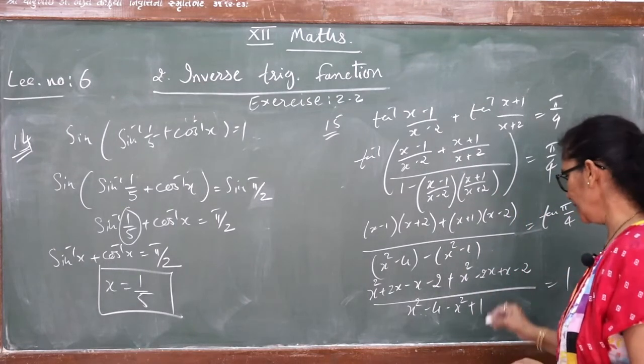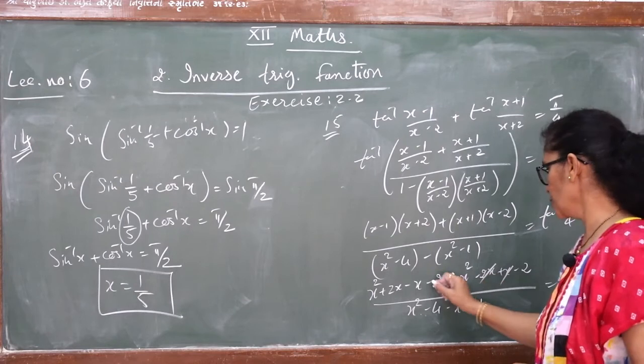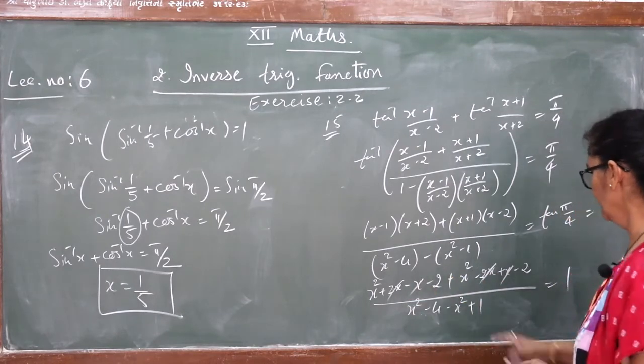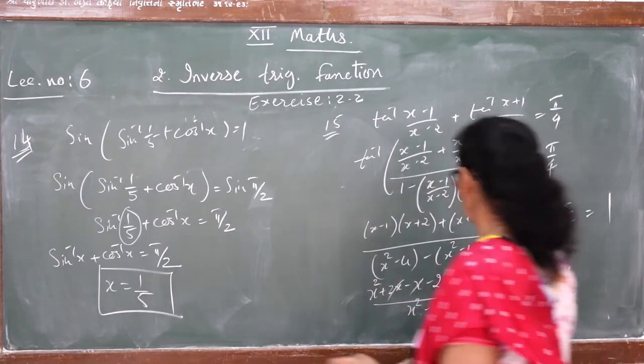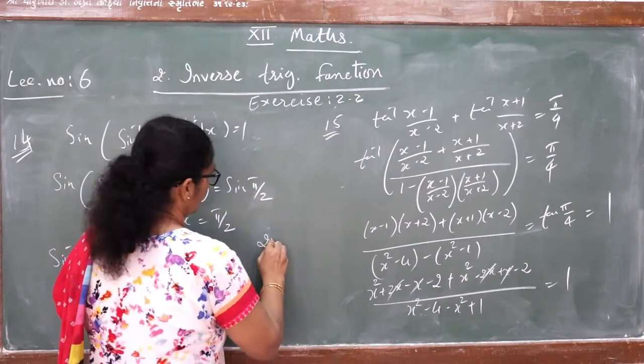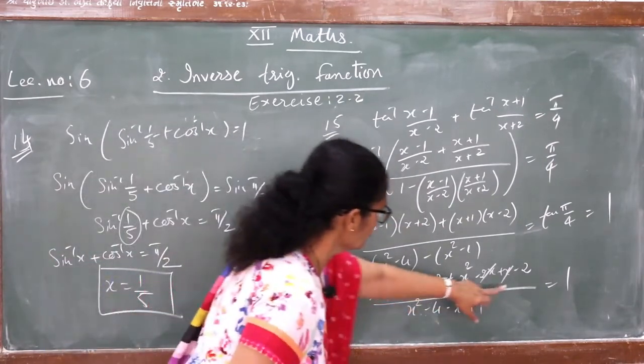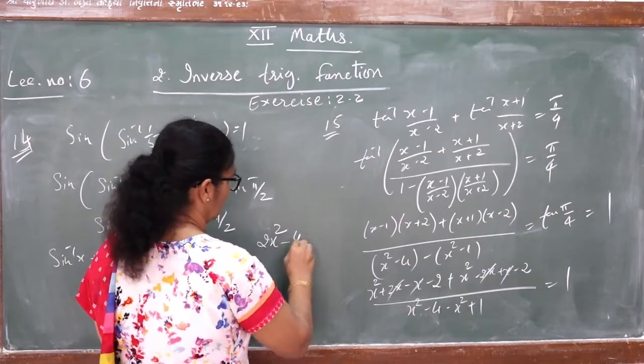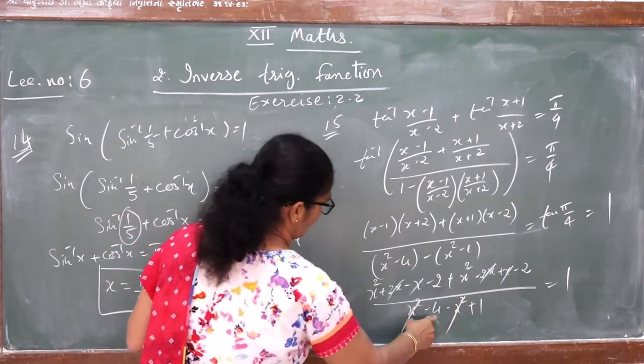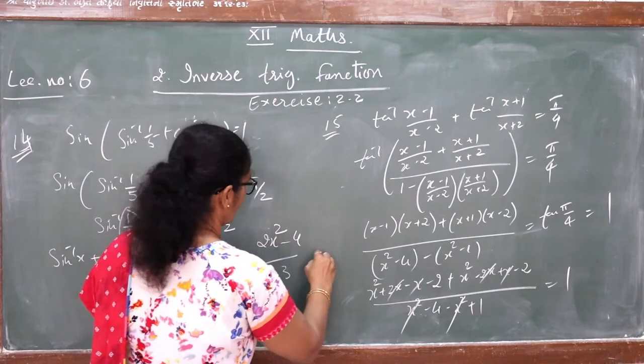Now let's check it. Plus or minus 2x, plus or minus x cancel. What is the remaining part? 2x square, 2 times x square, and minus 2 minus 2, that is minus 4. In the denominator x square cancels, minus 3 equal to 1.